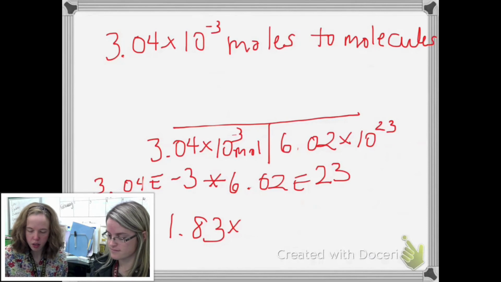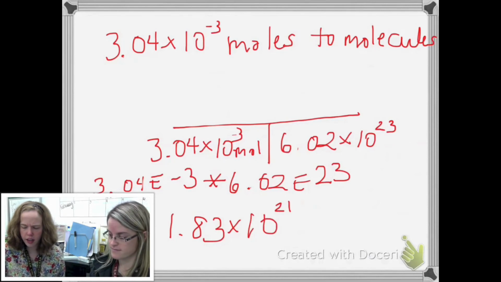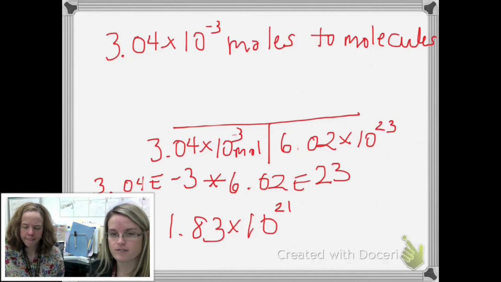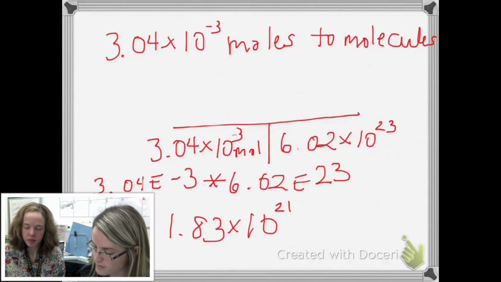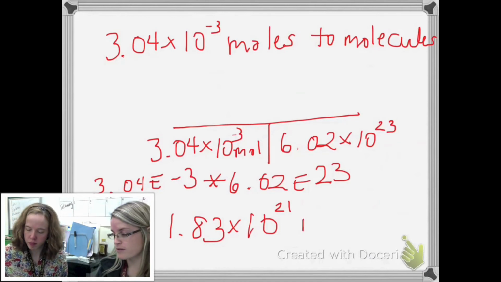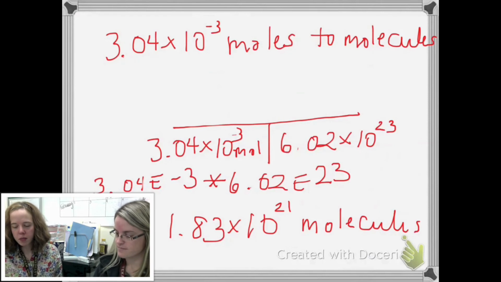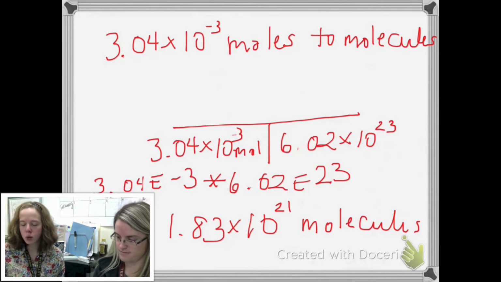Times 10 to the 21. And then no naked numbers again. What was I trying to find? Parts are on top, but they gave me a specific title for parts, and it was molecules, so I'm going to have to spell that out and not abbreviate it, otherwise I'll get really confused with moles. So we've got 1.83 times 10 to the 21st molecules.